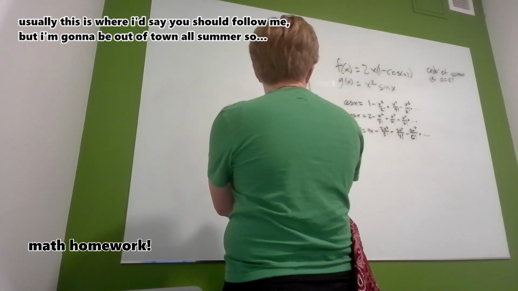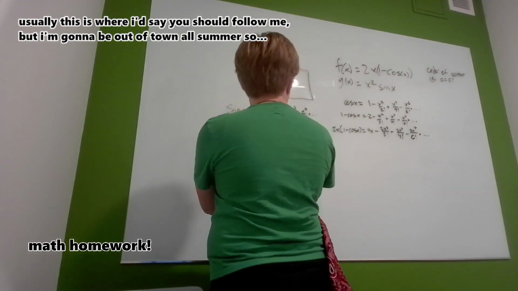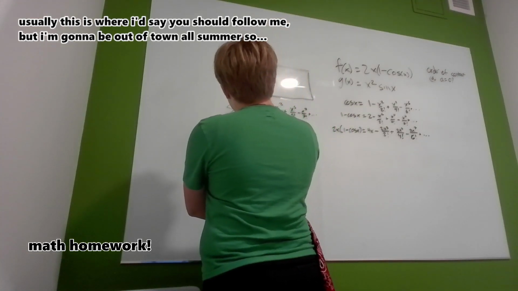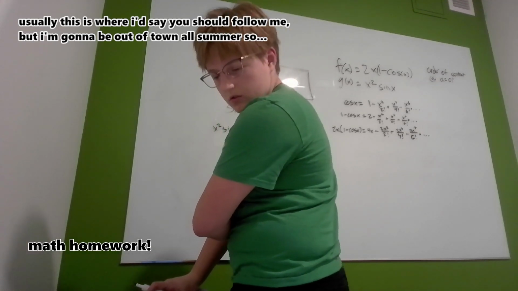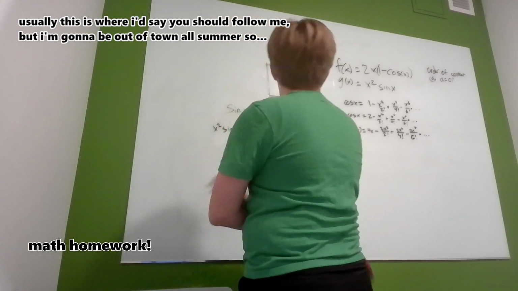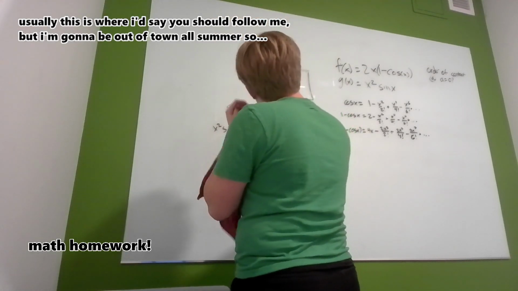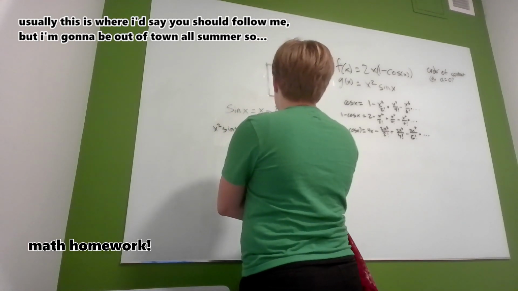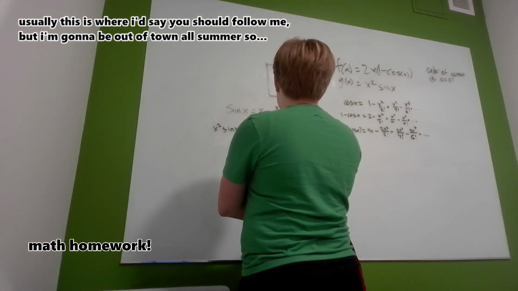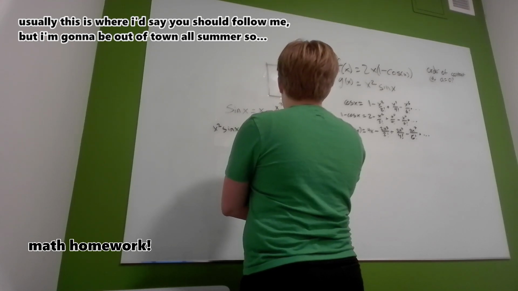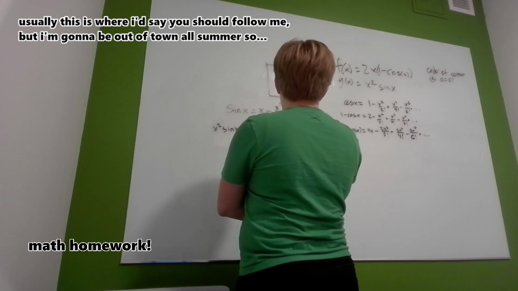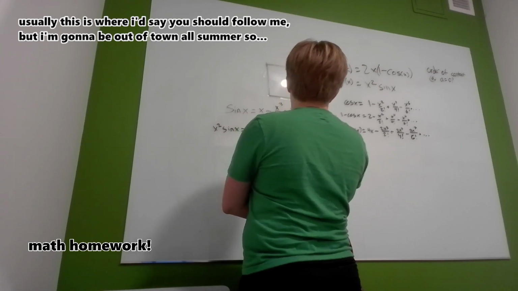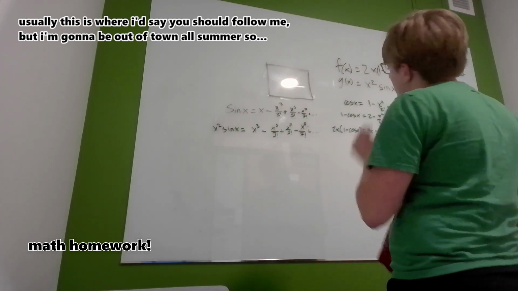And we have x squared sine x equals x cubed minus x fifth over 3 factorial plus x to the 7th over 5 factorial plus x to the 9th over 7 factorial plus. I think that's how that works.